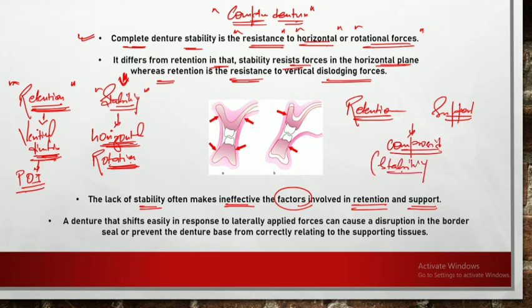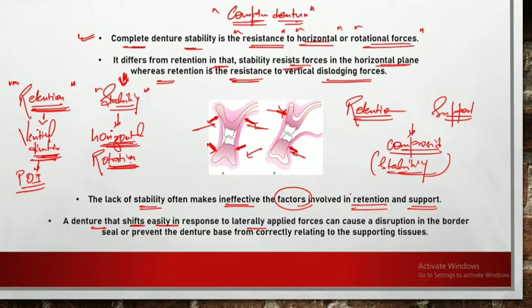So how is stability going to affect this? For example, a denture which is not stable on the residual alveolar ridge or the supporting structure is going to shift very easily in response to any lateral forces. If such lateral forces act on the denture, it will easily shift in the horizontal direction, right?